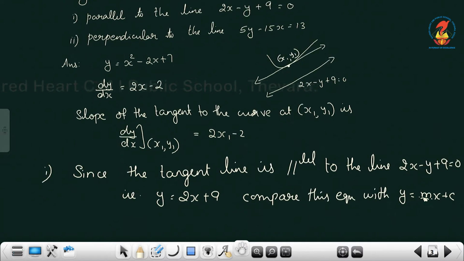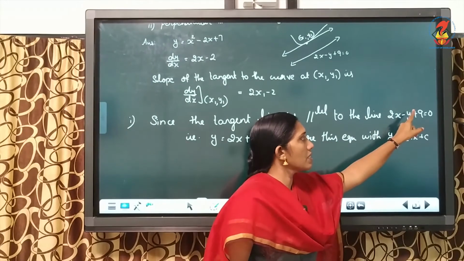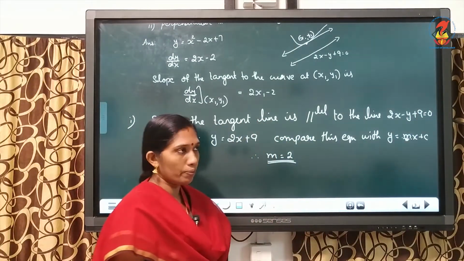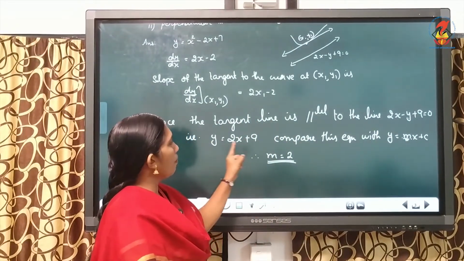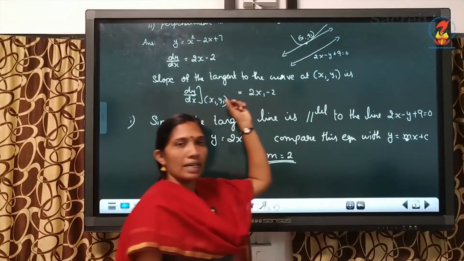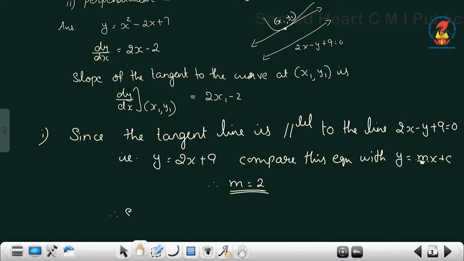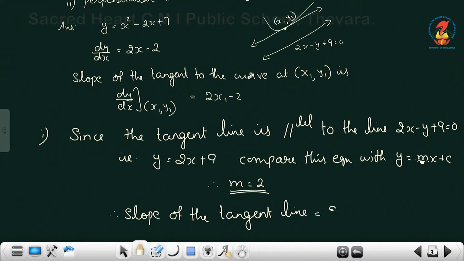So, what is the slope of that line? Therefore, m is equal to 2. Slope of the line 2x minus y plus 9 is equal to 0 is 2. Since this line and the tangent are parallel, therefore slope of the tangent line is also 2.